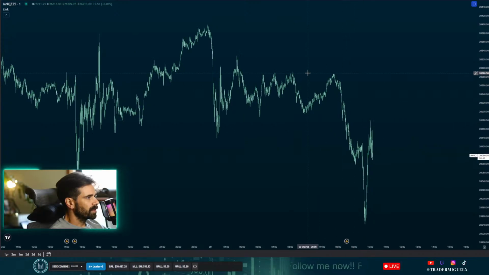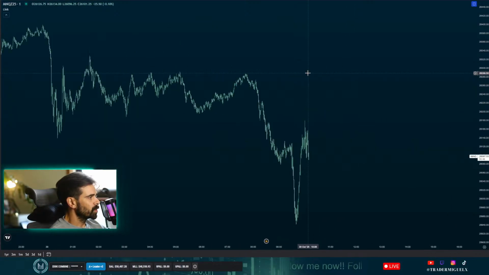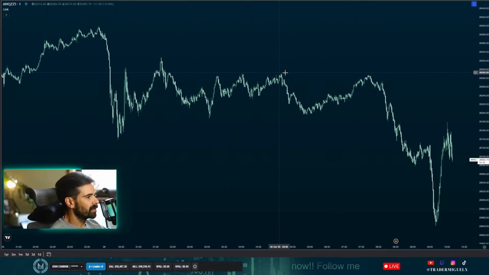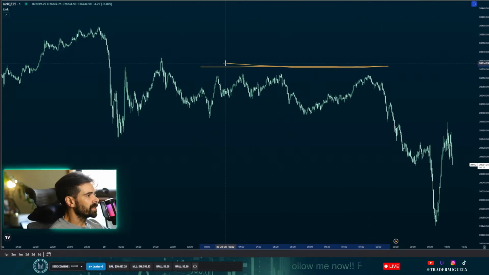NQ is definitely the slowest and the weaker one. But see all of this liquidity here on NQ, it seems like it wants to reach for it. All of this here, a lot of stops are being placed here.